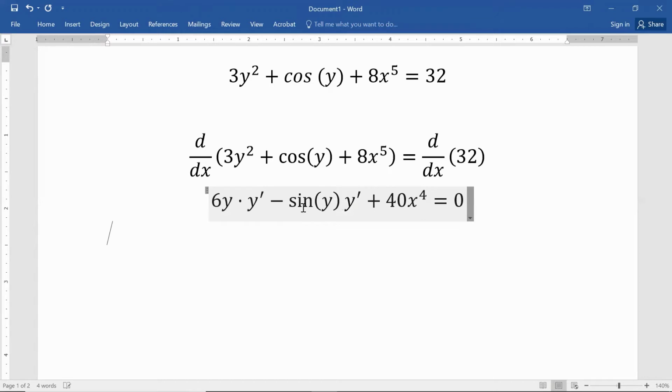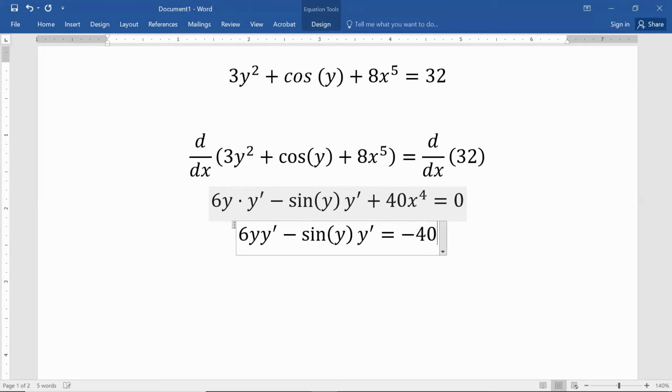Solving for y prime is our only issue now. So we subtract 40x to the fourth from both sides. That'll give me 6y times y prime minus sine y times y prime equals negative 40x to the fourth.